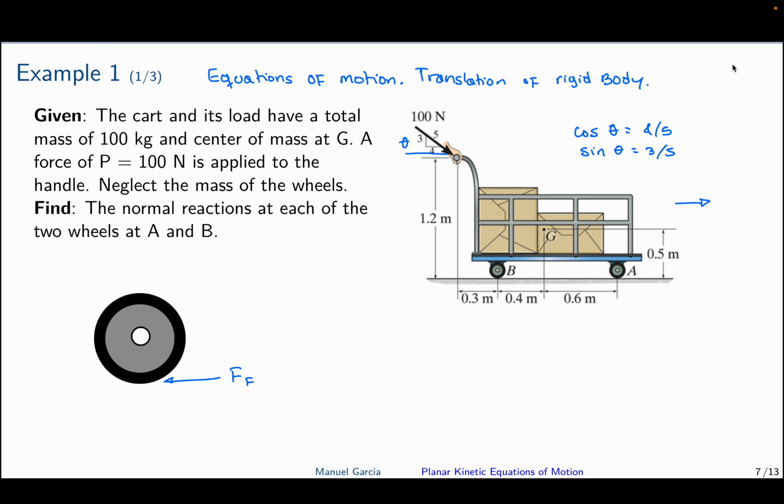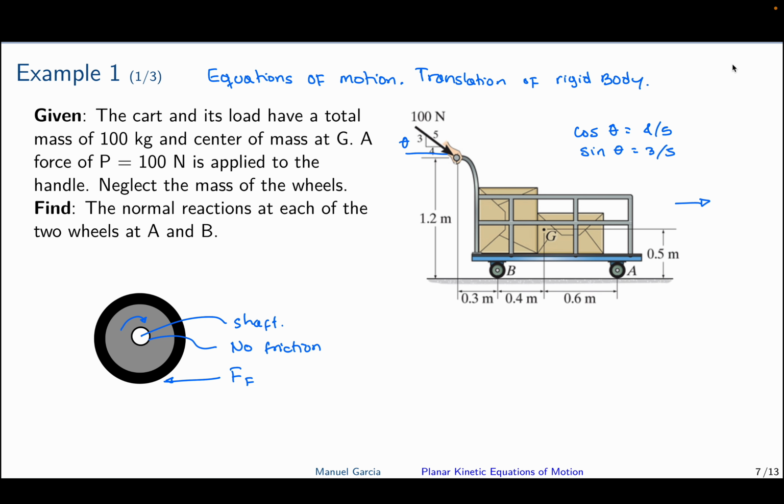And if this is the shaft which is connected to the cart, there is a rotation, but there is no friction in the shaft, so no friction.